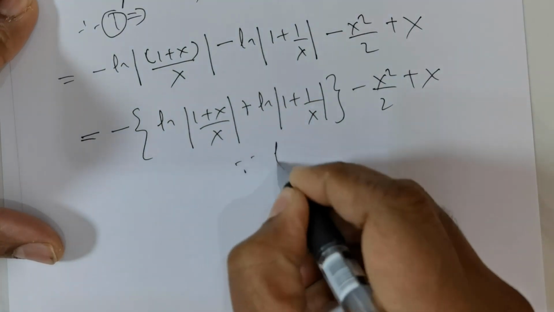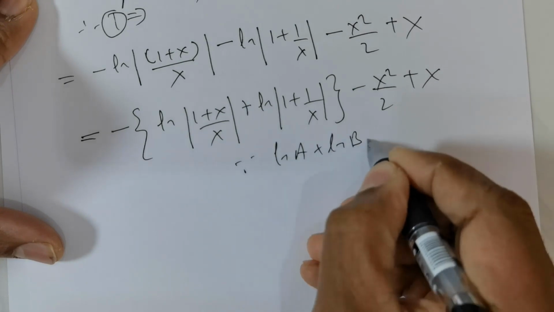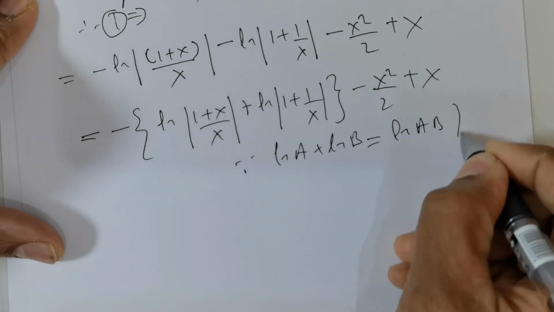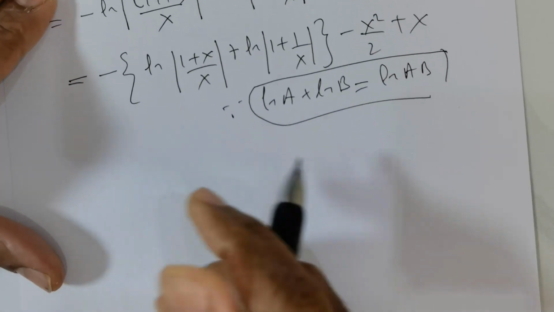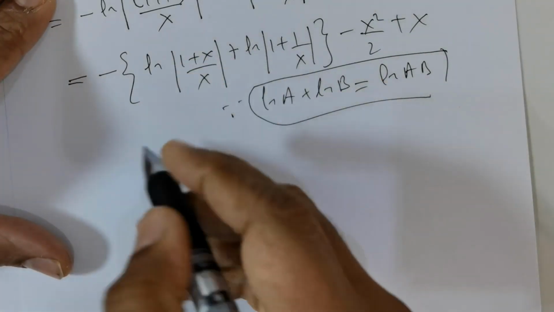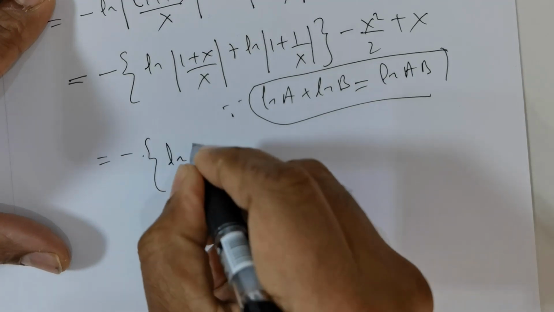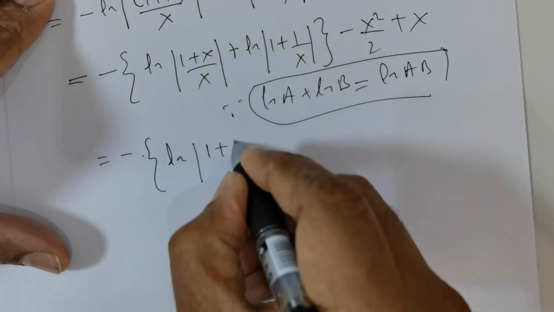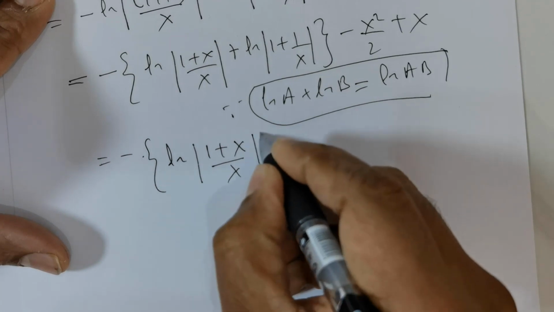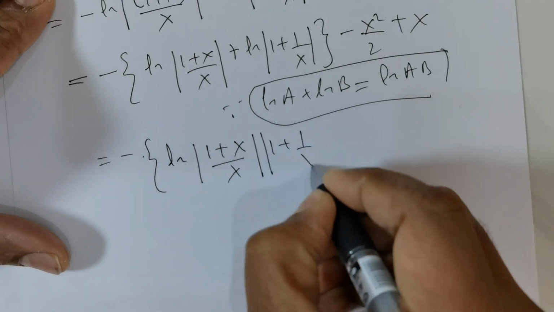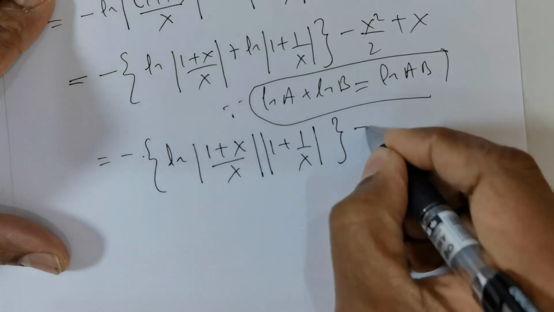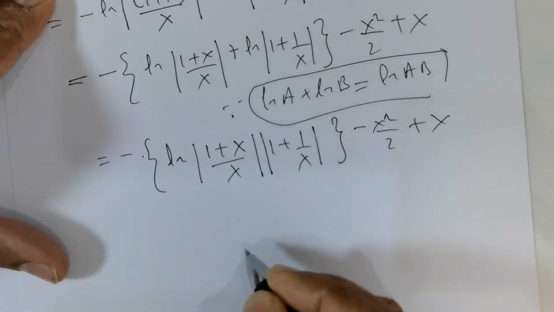Now we know that ln a plus ln b is equal to ln of ab. So use this formula over here. This is going to be negative ln of (1 + x) times (1 + 1/x), minus x squared over 2 plus x.